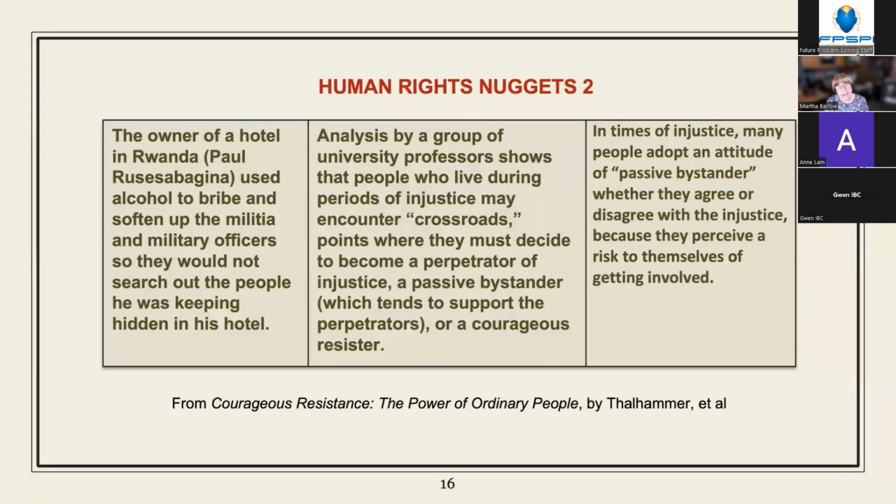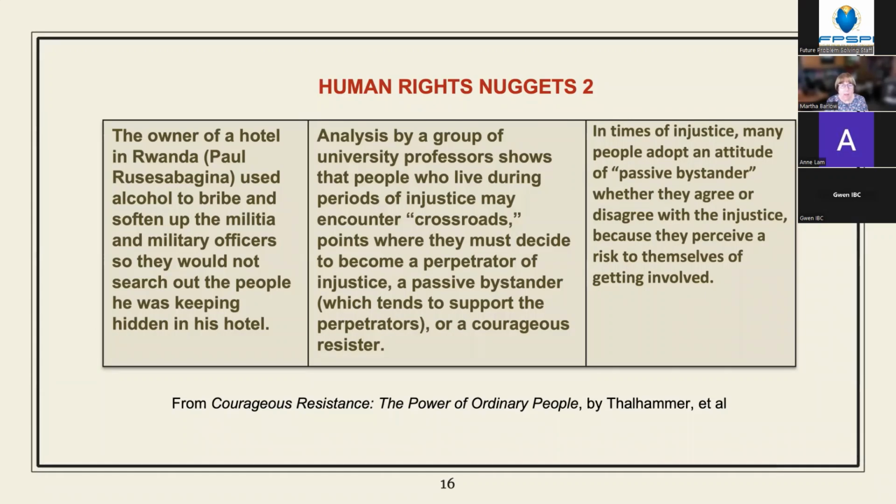Now here's a second set of nuggets from that book. The owner of a hotel used alcohol to bribe and soften up the militia and the military officers so they wouldn't search out the people he was keeping hidden there in his hotel.